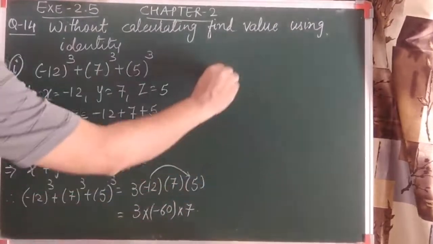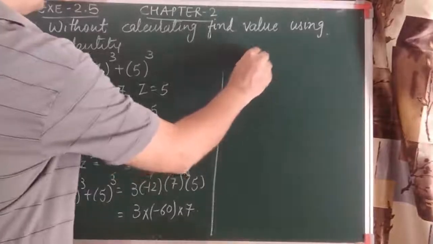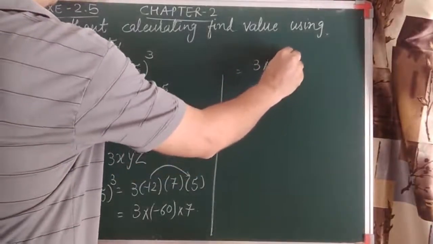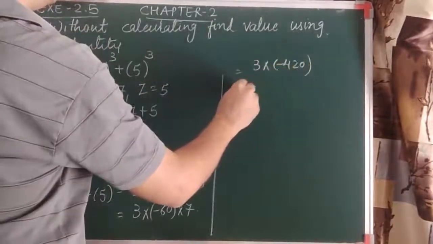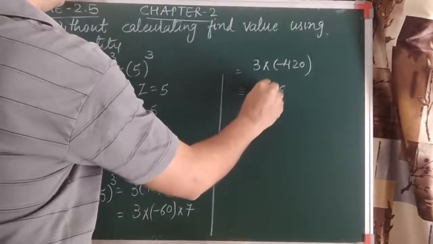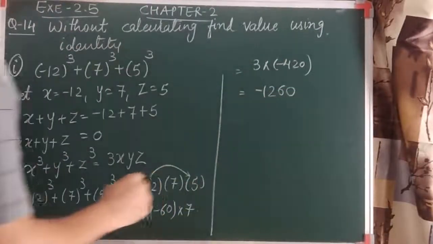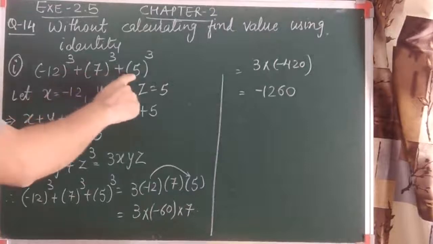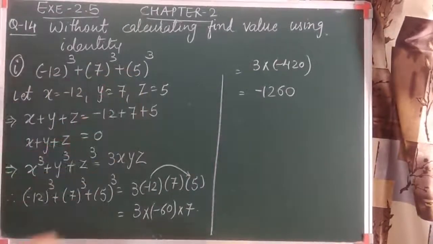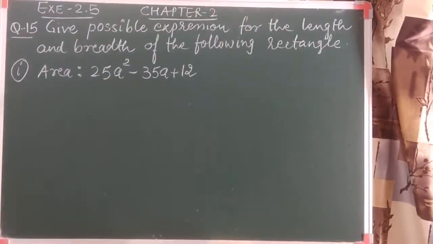Now 7 sixes are 42, 3 into minus 420. Now it's quite easy to do the product. 3 twos are 6, 4 threes are 12. So we can say that the answer of this question is minus 1260.